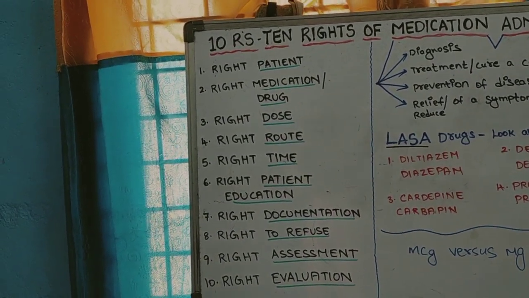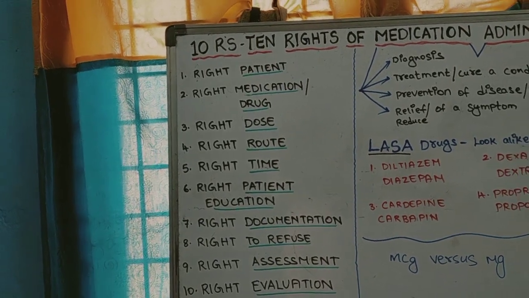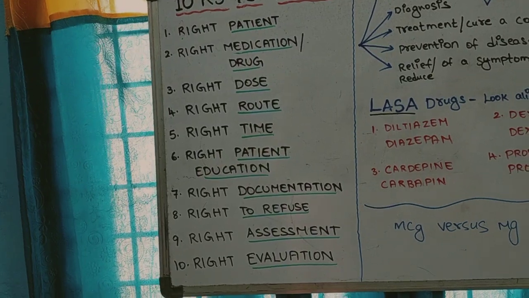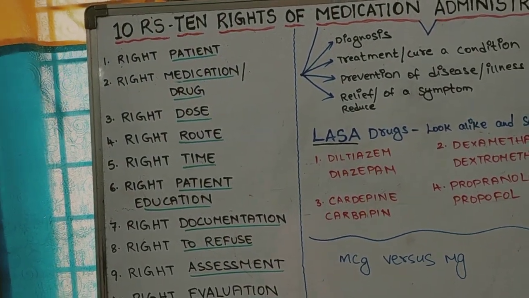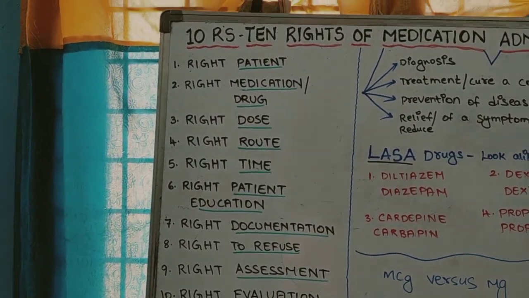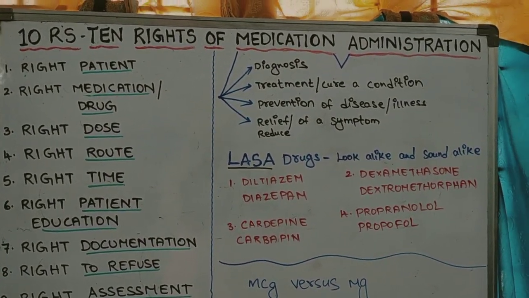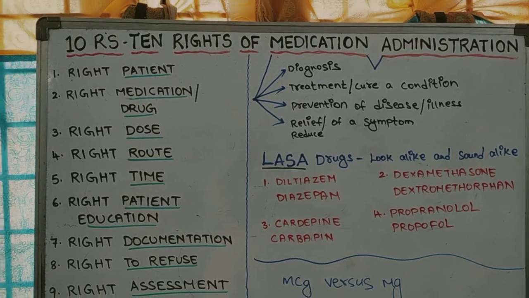It is very important that medications are administered at the right time and at the correct rate, especially those medicines which are given through IV. Intravenous medications should be given at the correct rate, so you have to calculate the fluid drop factor properly.